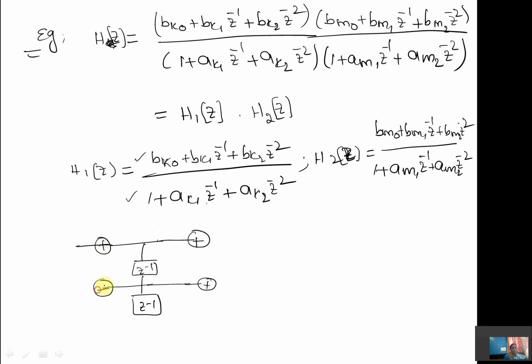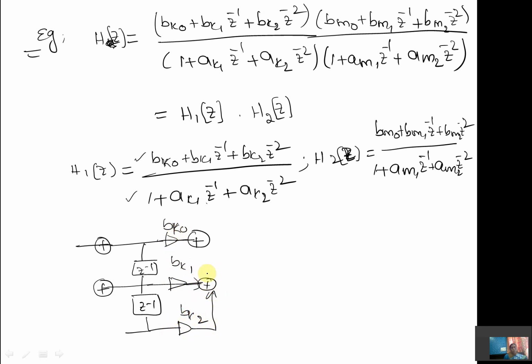First place the adders. Now on the right side use the numerator coefficients: bk0, bk1, bk2.